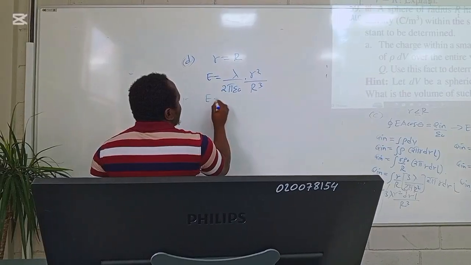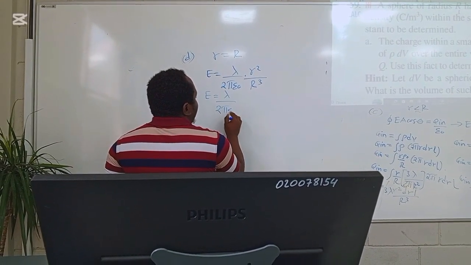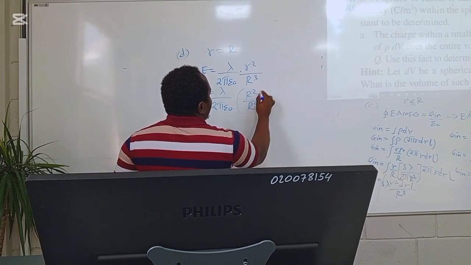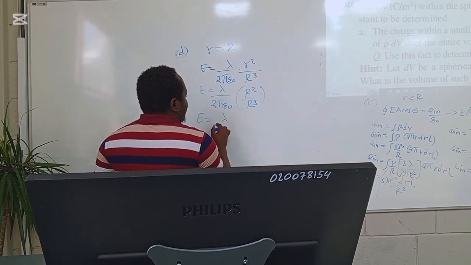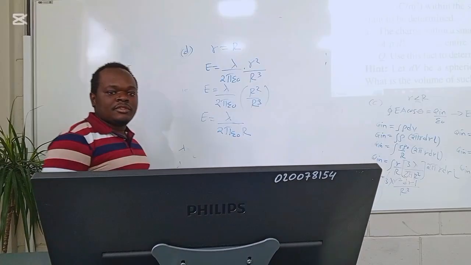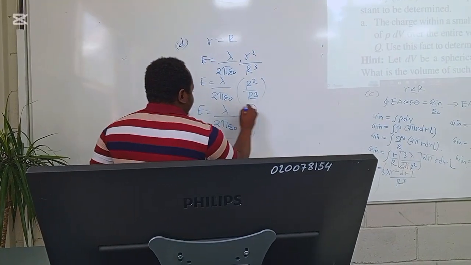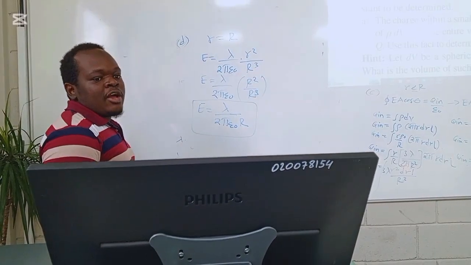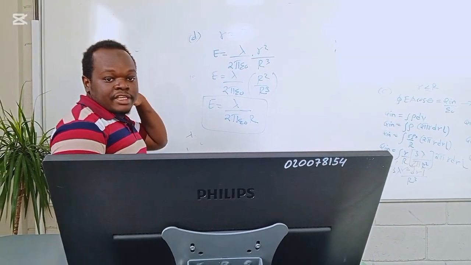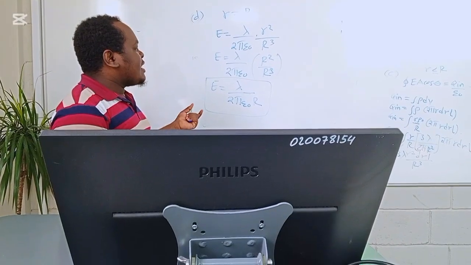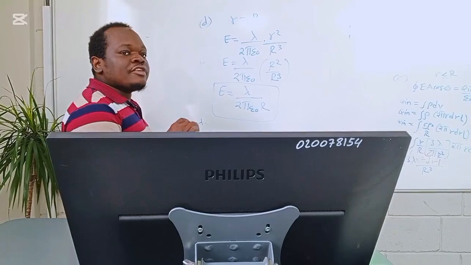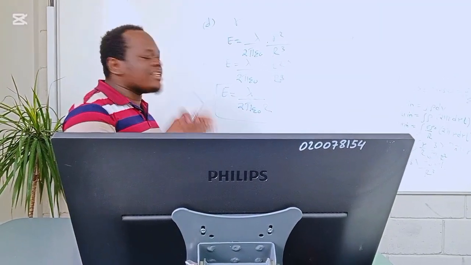Let's try. Lambda over 2 pi epsilon naught, here in place of r square we put R capital square, divided by R cube. So E is equal to lambda over 2 pi epsilon naught R. This is the formula that we got for the electric field on the surface of an infinite cylinder. This value is the same as the electric field of a long uniformly charged wire.